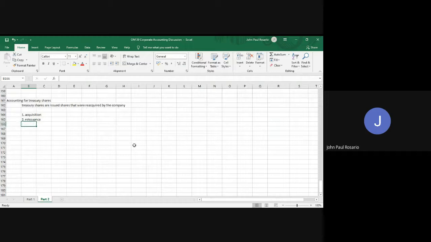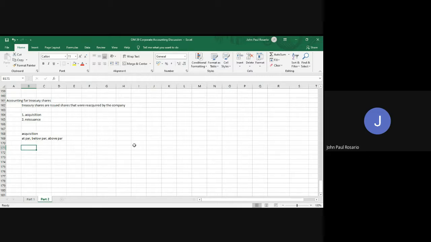Okay? Sige. So acquisition and reissuance. So for the acquisition of treasury shares, wala tay labot kung at par, below par, or above par. Wala ni siya gain, wala ni siya loss pag acquisition.